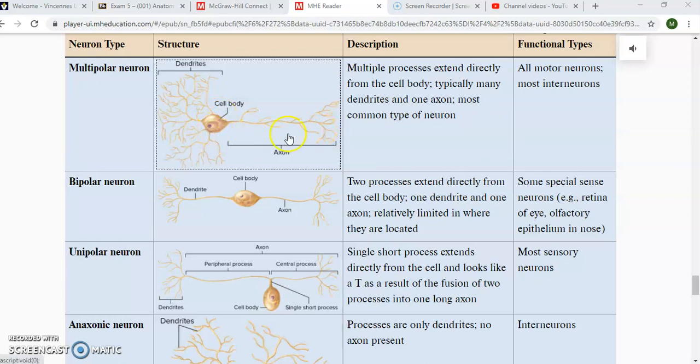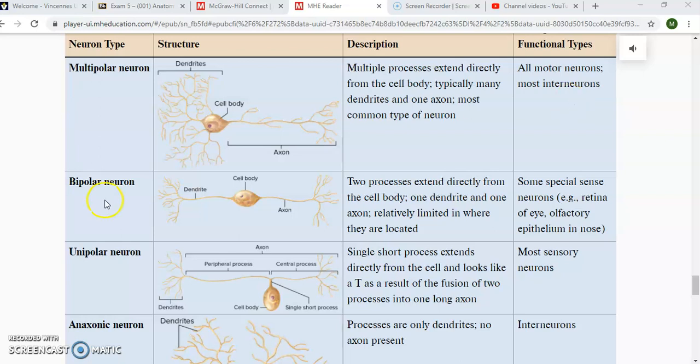This is the most common type of neuron, so this is generally the one we always draw or show pictures of when we're talking about a neuron. All our motor neurons are considered multipolar neurons, and some of our interneurons, which are the ones that are just located in the central nervous system, are also considered multipolar.